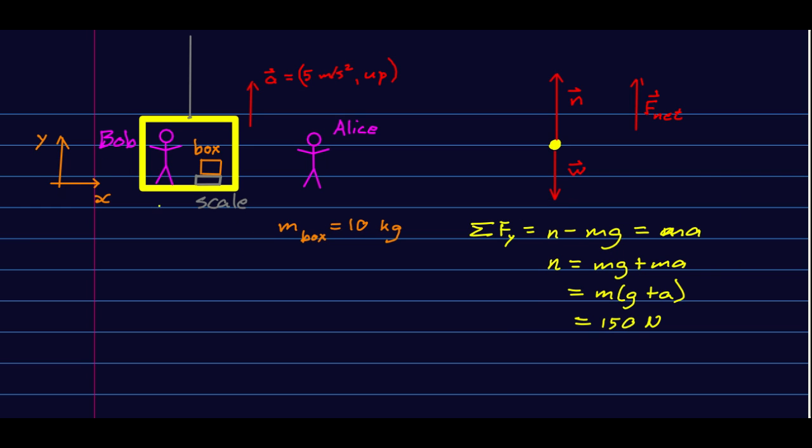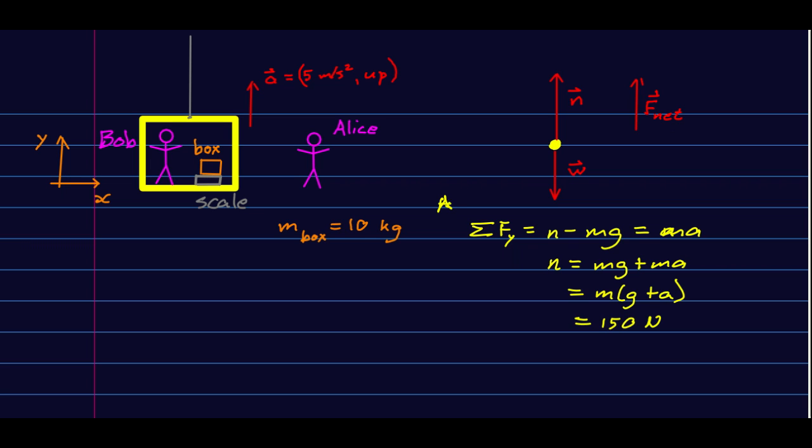All right, now let's take Bob's point of view. So from Bob's point of view, he agrees with all of this. Notice he knows the weight of the box, and he can read the scale just as well as Alice does. And so he knows these forces, which means he knows F net is up.